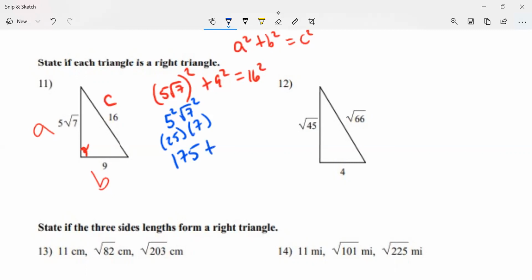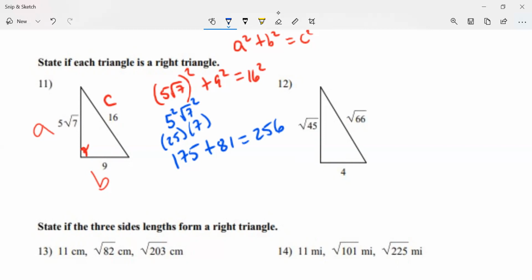Plus 9 squared, I know it's 81. And then 16 squared, 16 times 16, I know is 256. What I'm asking here is, is 175 plus 81 equal to 256? Use a calculator if necessary, but yes, this is true.